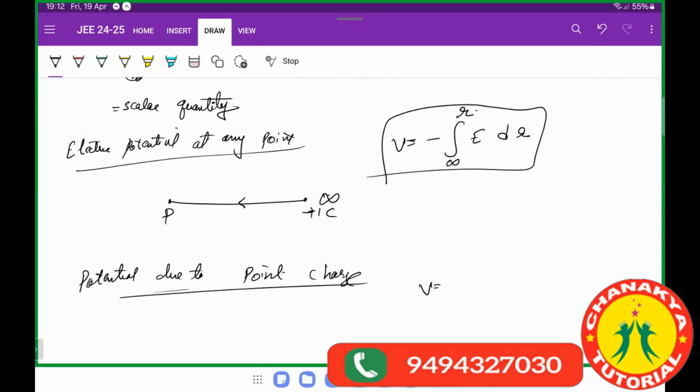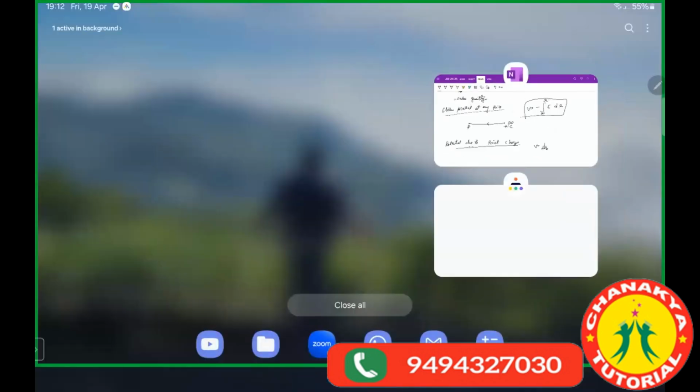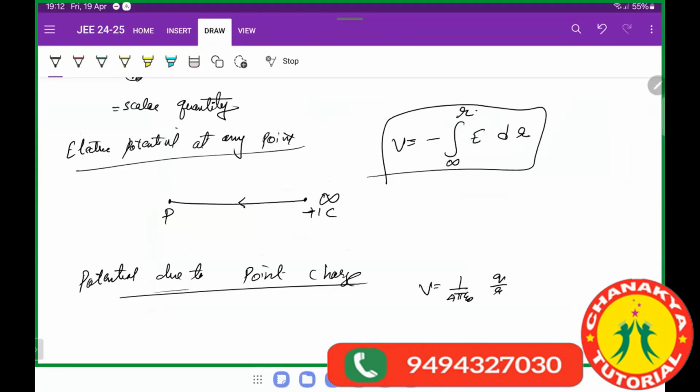What was K? 1 by 4 pi epsilon naught. So Q by R square and dr here. This means you will get one more R. If you integrate this, you will get 1 by R. So this will give you 1 by 4 pi epsilon naught Q by R.